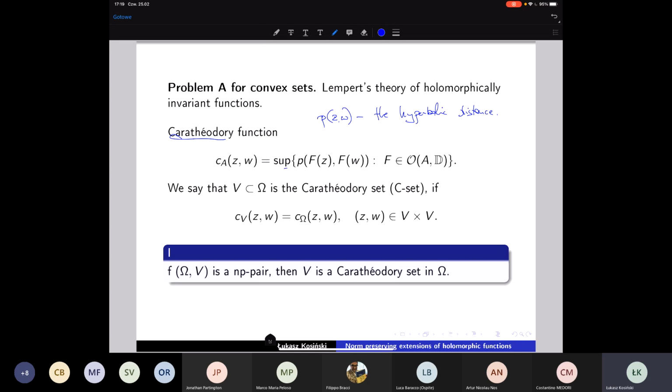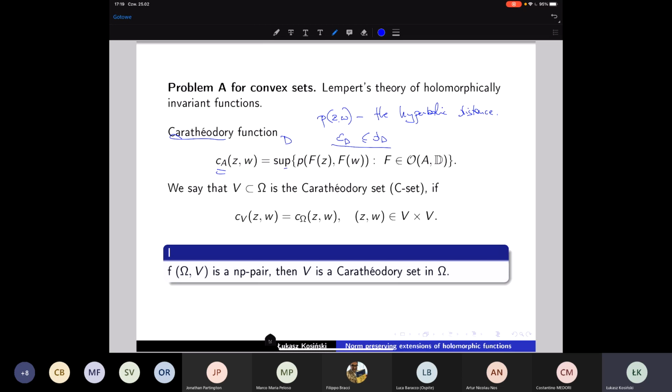So in some sense, if D is convex, this is the smallest possible distance. This is Lempert's theorem, and Lempert's theorem says that all of them are equal if D is convex.